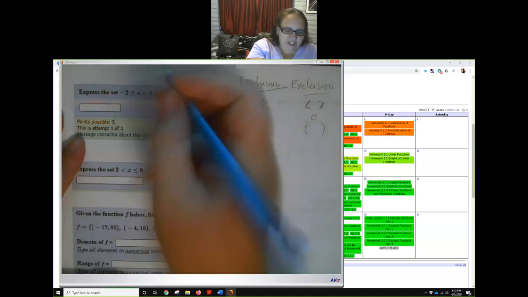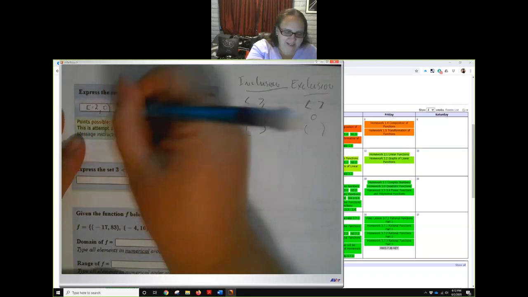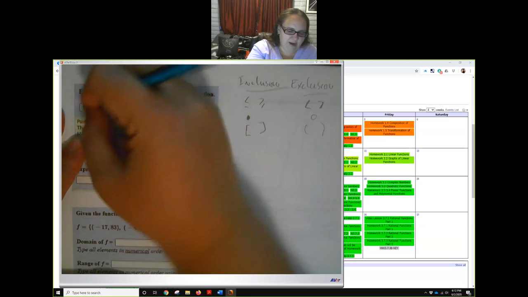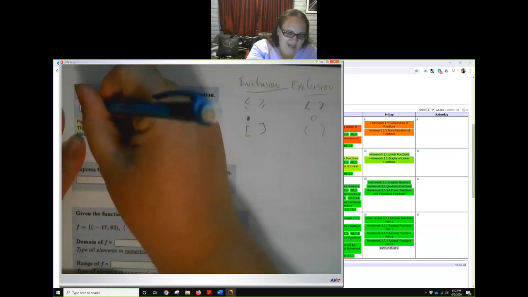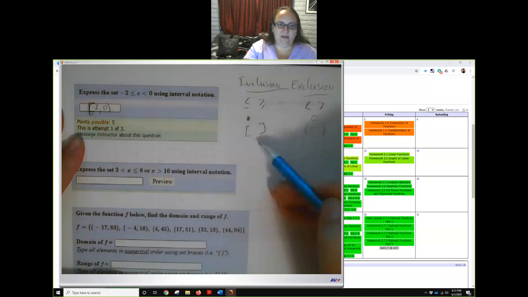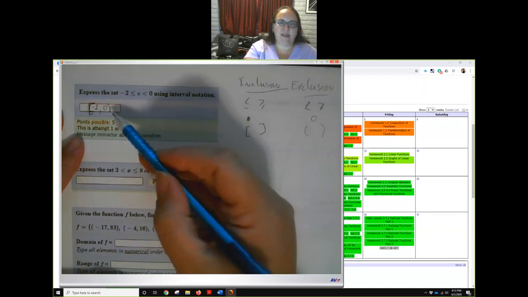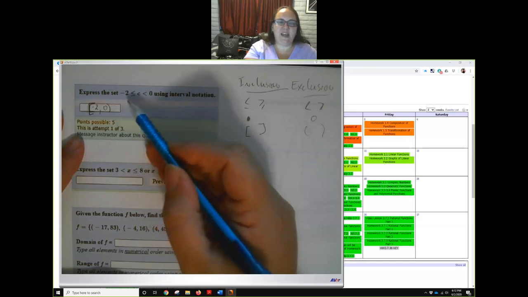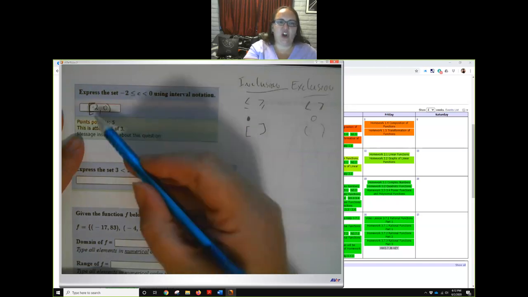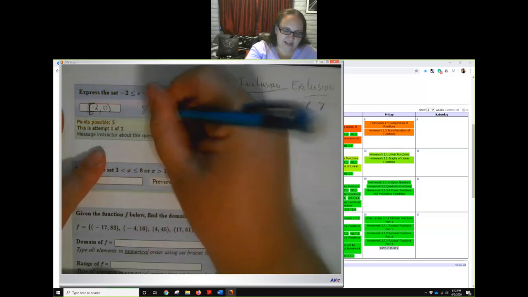And in interval notation, that means I'm starting at -2 and going to 0. -2 gets a square bracket because it had the "or equal to," and that's an inclusion symbol. 0 is an exclusion symbol, so it gets a parenthesis. And then this is everything in between -2 and 0. So we start at -2 and stop at 0. For interval notation, I always thought of it as a start-stop.